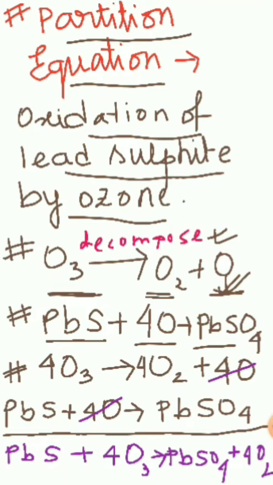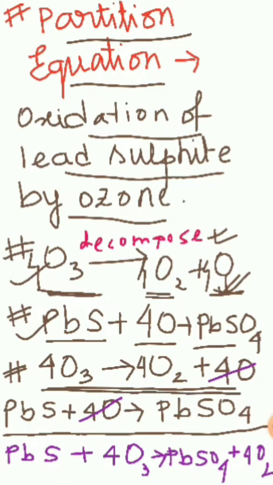Thirdly, we combine these two, and after balancing oxygen by multiplying by 4 on both sides we get this, and then we rewrite this equation again, and these two equations give us the overall balanced reaction.